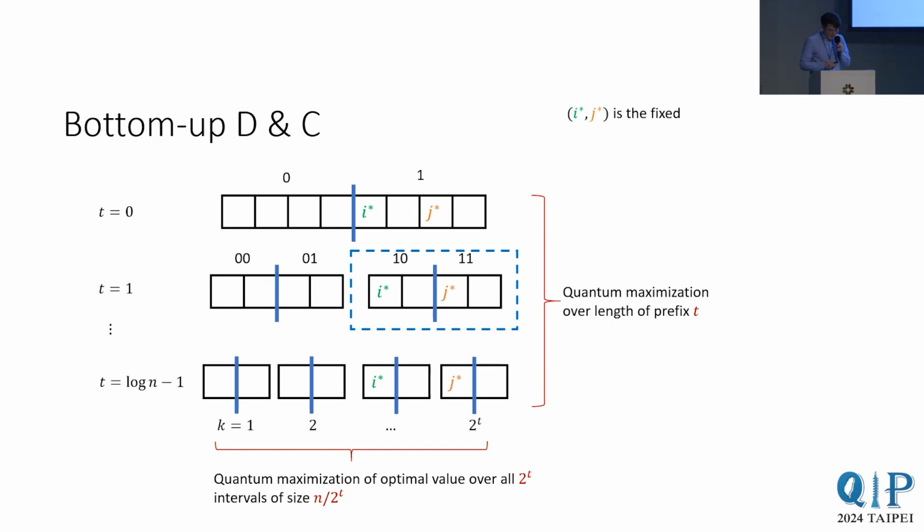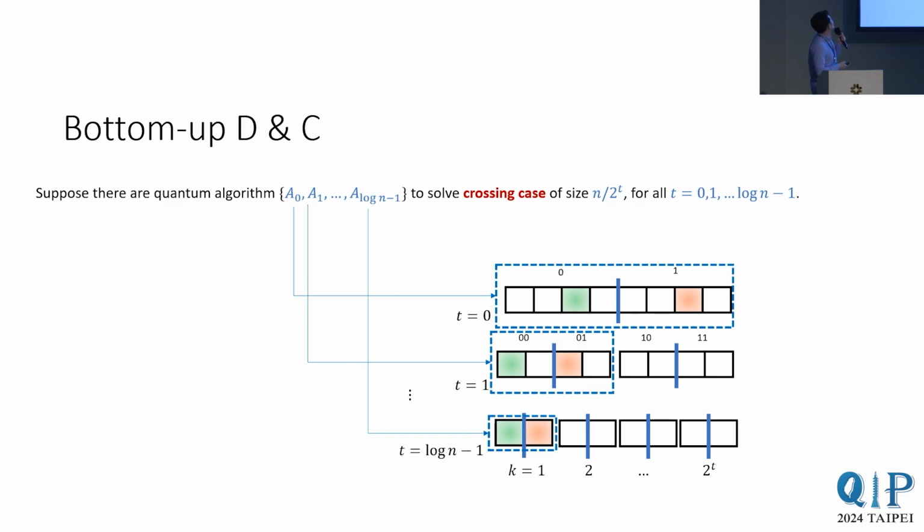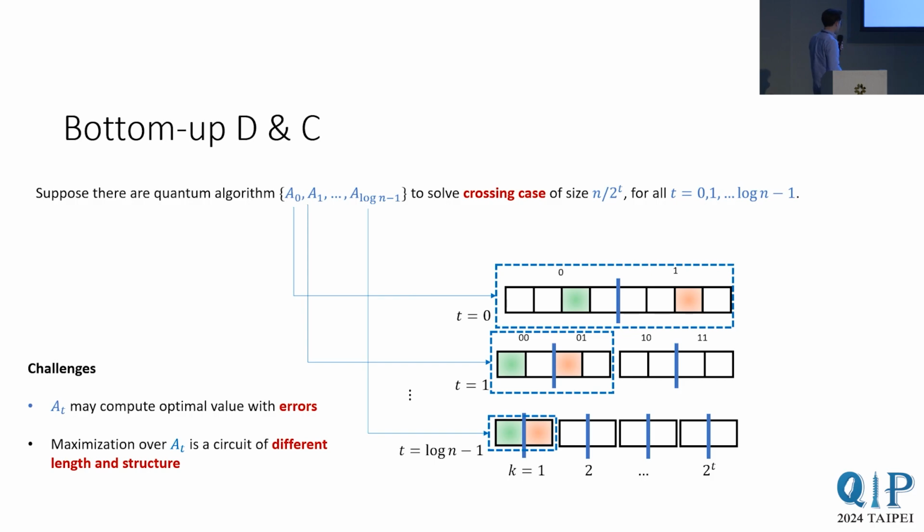Is this true? Maybe not. Suppose we have some quantum algorithm A_t to solve the crossing case of size n over 2 to the t for each t, from t equals 1 up to t equals log n minus 1. There are two main challenges here.